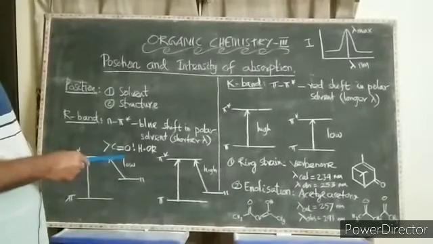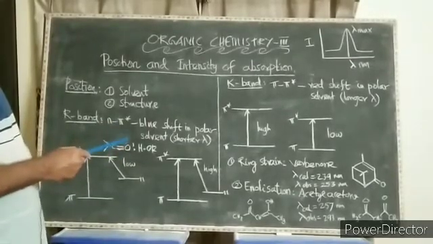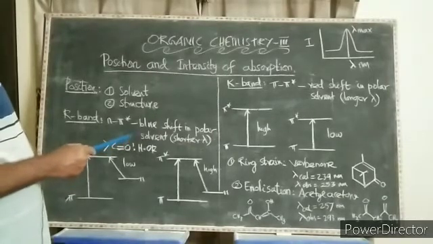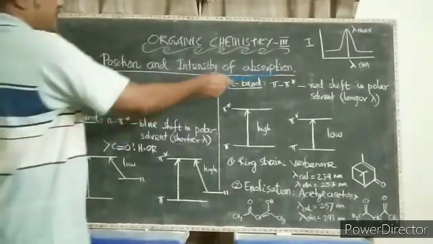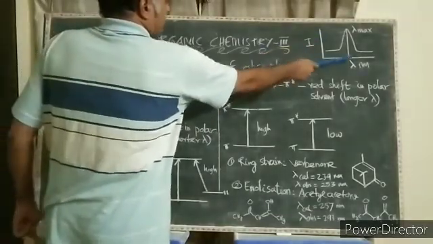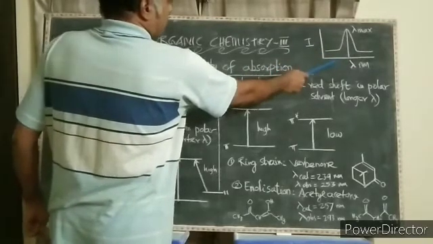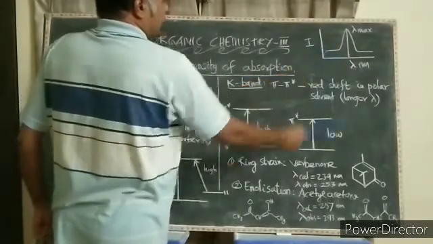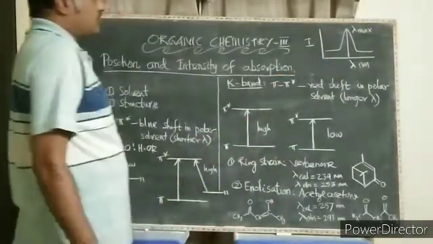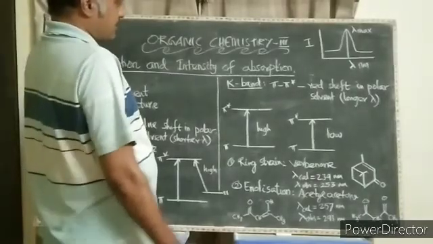Next, we shall see the factors affecting the position and intensity of absorption. Now, I have shown on the board the ultraviolet visible spectrum of a compound, and there are two quantities in this spectrum: the lambda max or wavelength of absorption, and second, intensity.